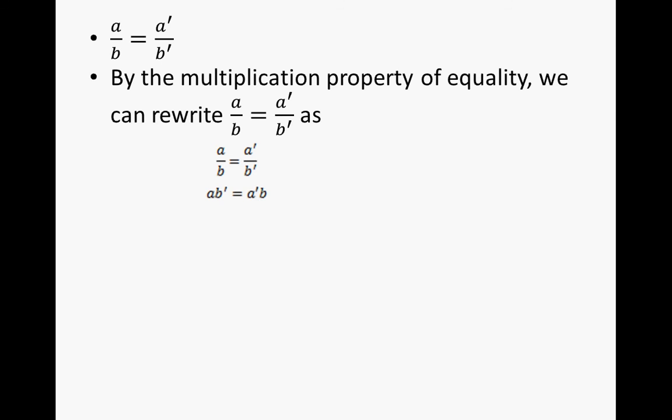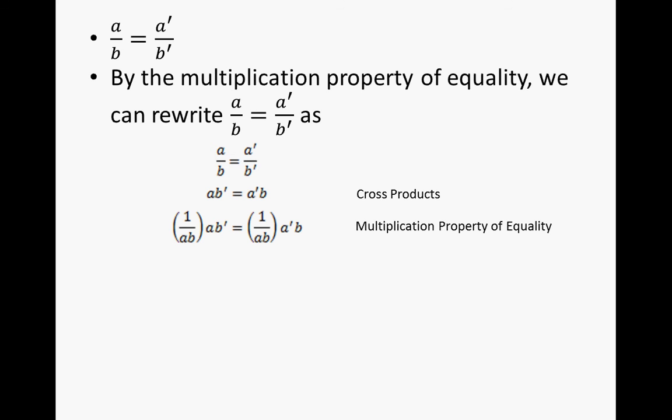When we cross multiply, or use cross products, we get a times b prime equals a prime times b. So now what we're going to do is multiply by 1 over a times b, and we're going to do this to both sides.